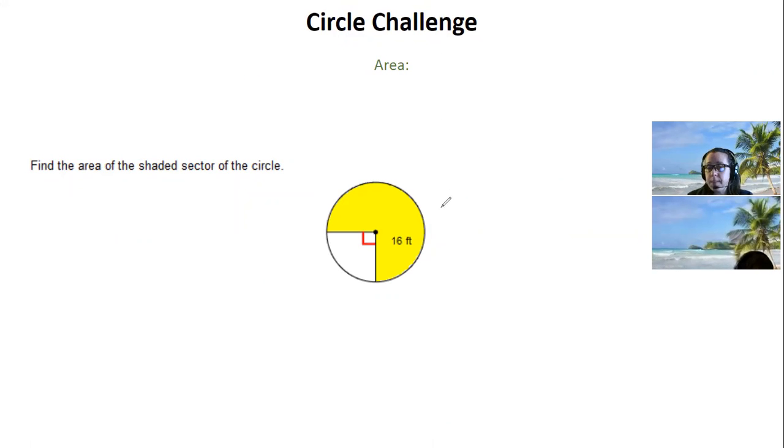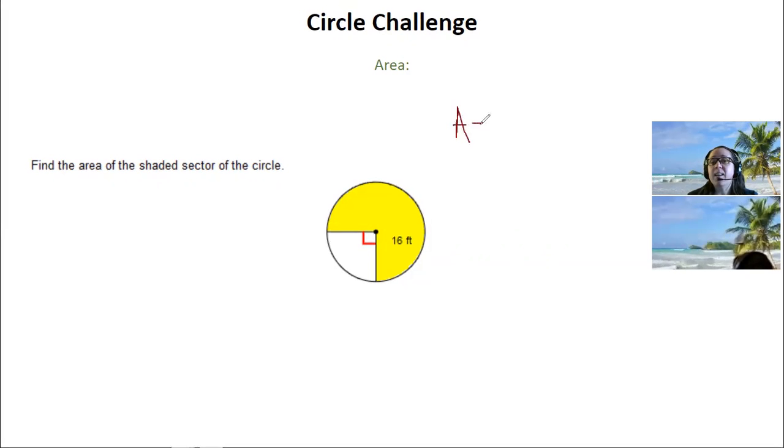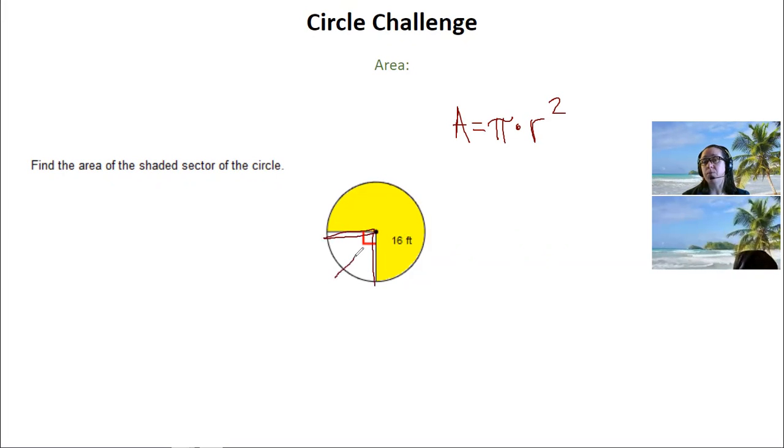So let's think about the area of this circle here. Area equals pi times that radius squared. That's the area of a regular circle. And now this circle looks like an exact quarter of it was removed.